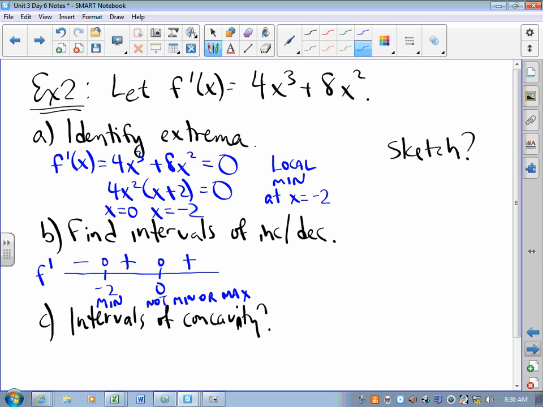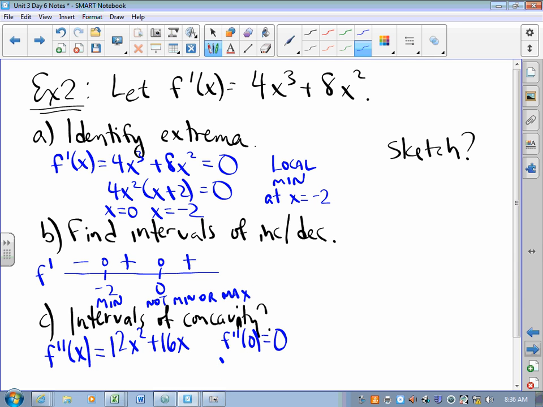Now we could have confirmed that. We could have said, here's f double prime. F double prime is 12x squared plus 16x. If you take f double prime at 0, you get 0. The second derivative test fails in that case, so we have to use the first derivative test on this particular function.